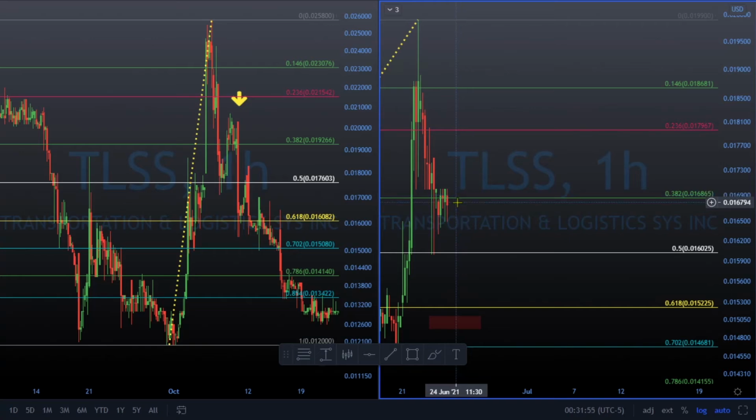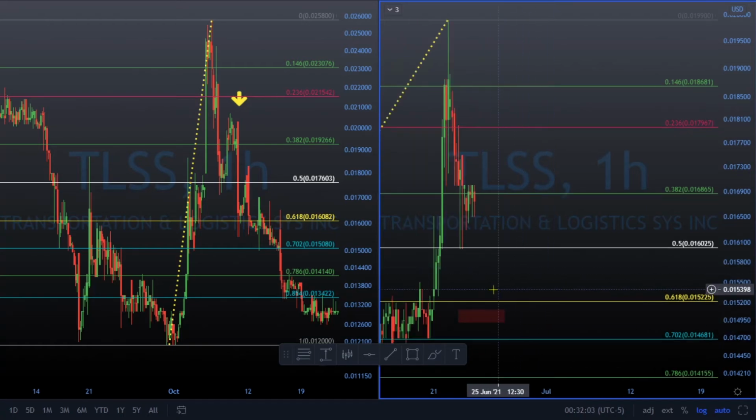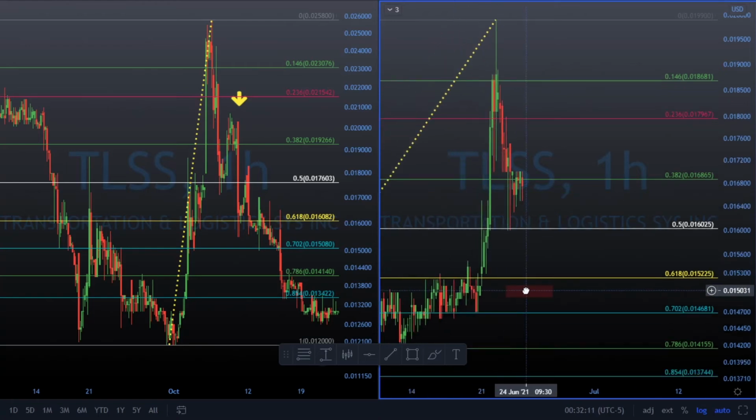The next move could be straight down to the 0.618. And if that's the case, there it is, 0.0152, which my previous Fibonacci showed 0.0150 to 0.0153, right? Well, that's right there at it.